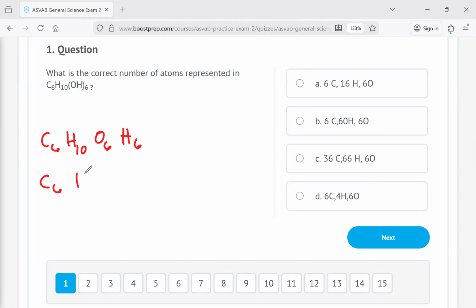And then how many total hydrogen? Now you have 10 here, and then you have six, that's 16. And then you have six oxygen.